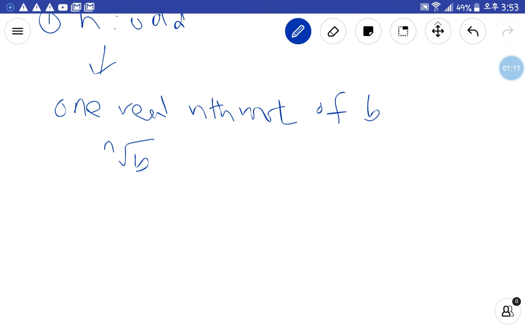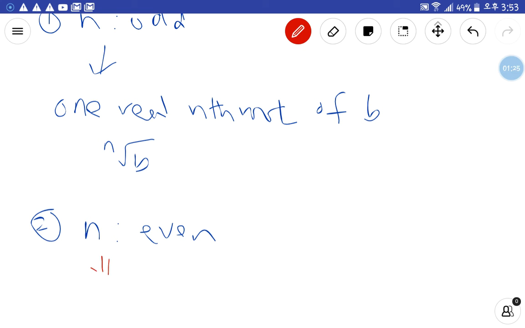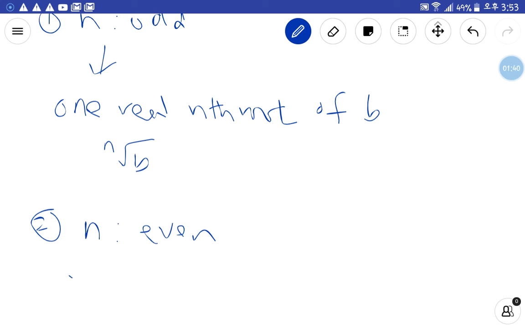If your n is even, you can expect something different, right? How many answers are we going to have? We're going to have two real numbers, but you have two conditions this time. First condition is that your b is positive.